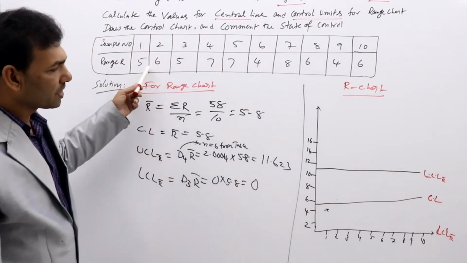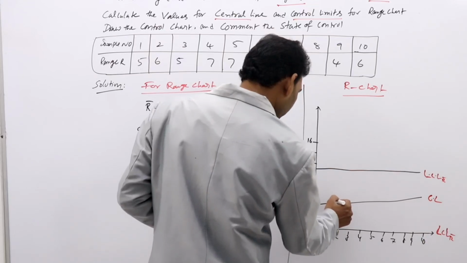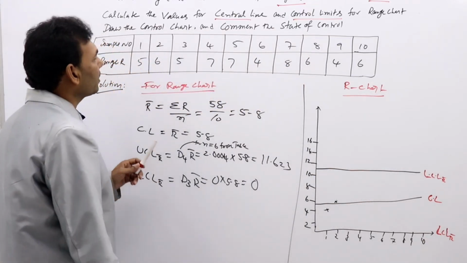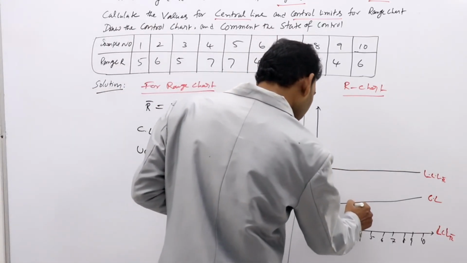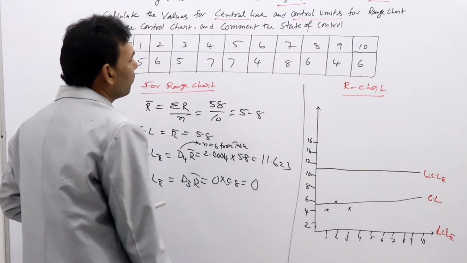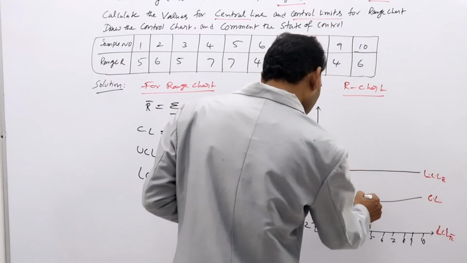For 2, the value is 6, here above the central line. For 3 it is 5. For 4, you have 7, above the control line only.